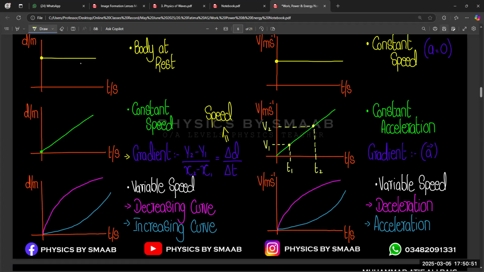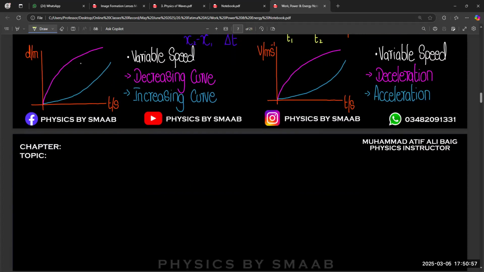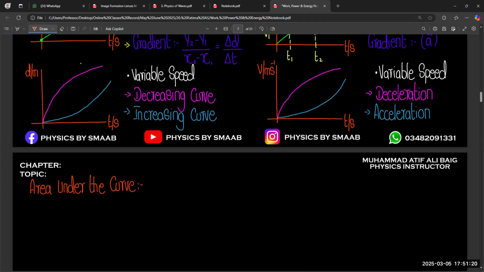And one more thing, from a speed time graph especially, not distance time, only speed time graph, we can find the area under the curve. In every graph, for example in physics or science, you can always check for these two things.